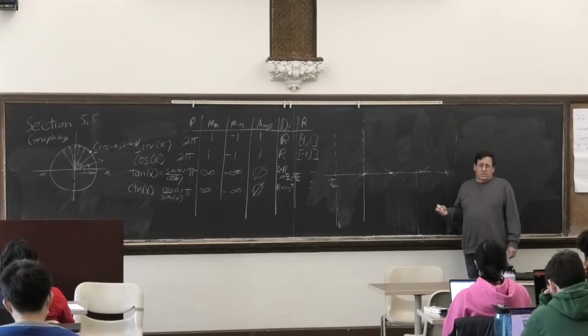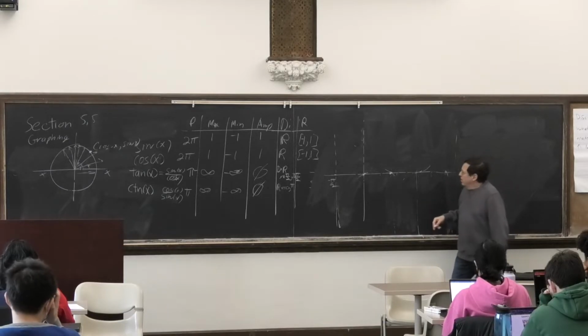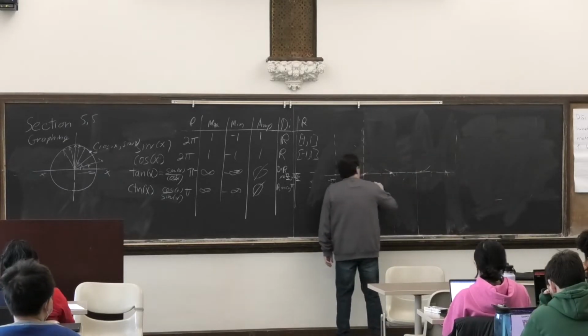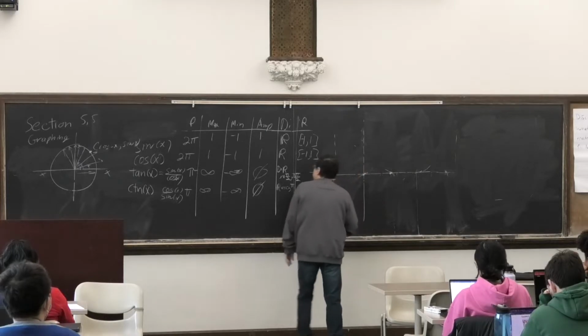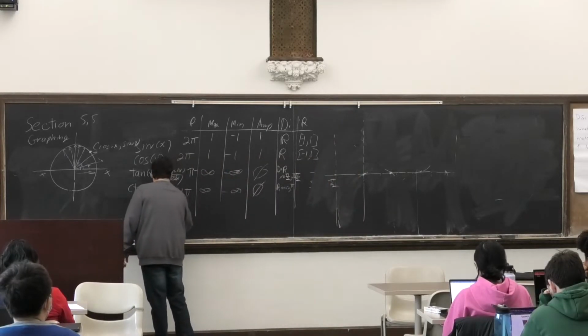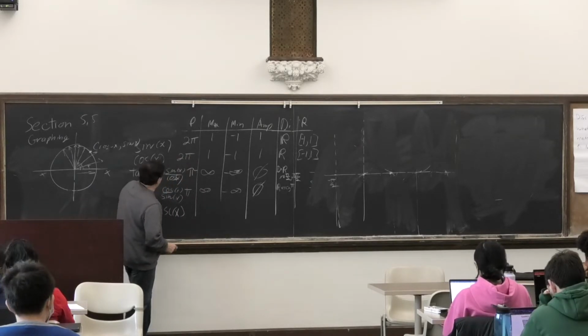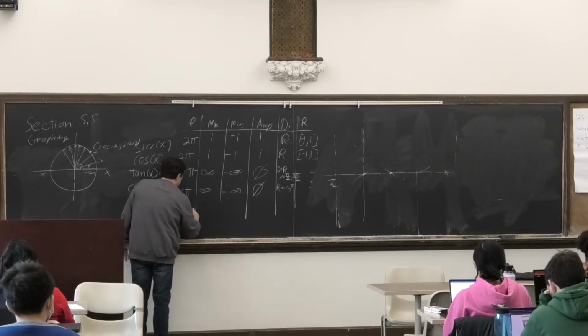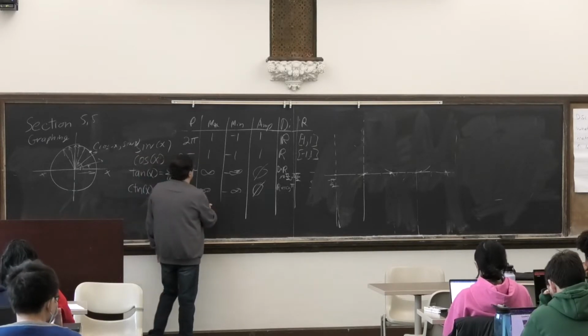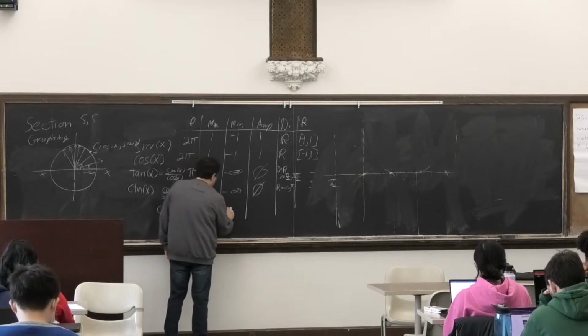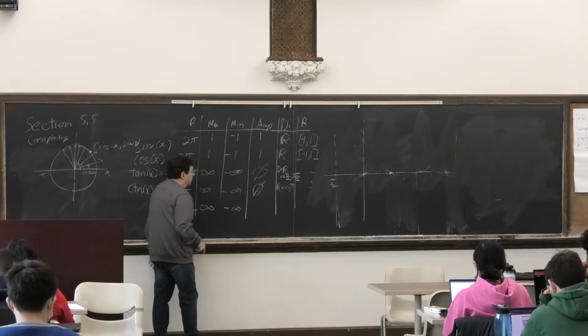Graph the reciprocal first. So let's say we want to look at the cosecant. So I'm going to get cosecant of x. This is going to translate into 2 pi. The max is going to be infinity, minus infinity.